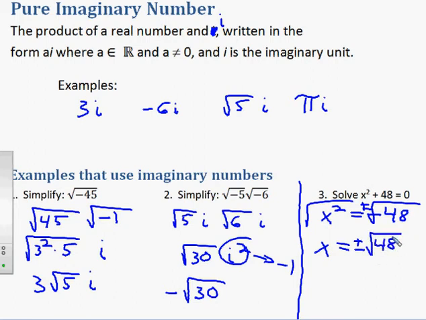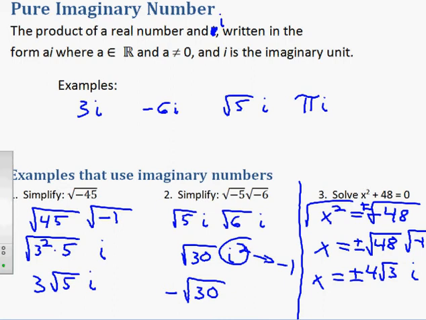And since it was a negative, you could put the square root of negative 1 here, or once you get used to it, you'll probably just stick an i in there. As you think through that, if you have to do some work to the side, that's fine. But the square root of 48, if you simplify that, is 4 root 3 times i, because the square root of negative 1 is just i.